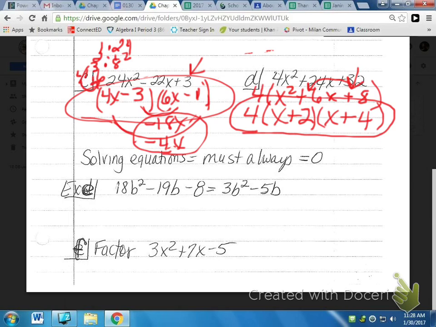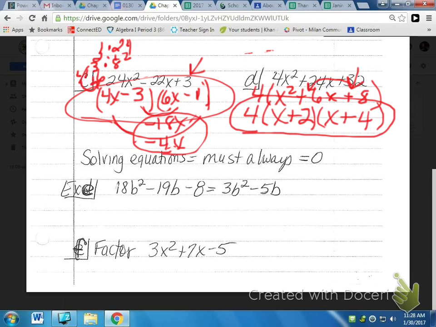Okay, now an equation. So they're going to throw some equations in this. Make sure when you're solving these quadratic equations, it always must equal 0. So this example E, 18b squared minus 19b minus 8 equals 3b squared minus 5b. So first and foremost, you want to check out the b squared and you want that to be positive.